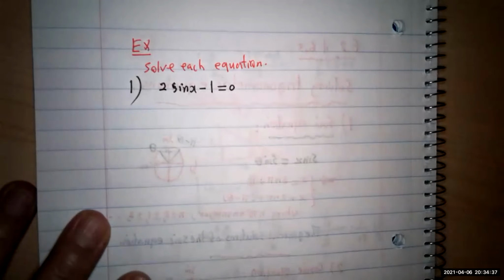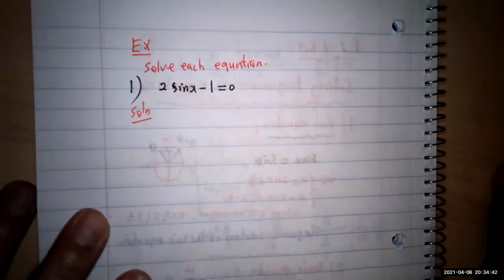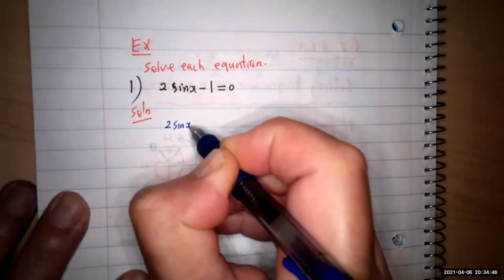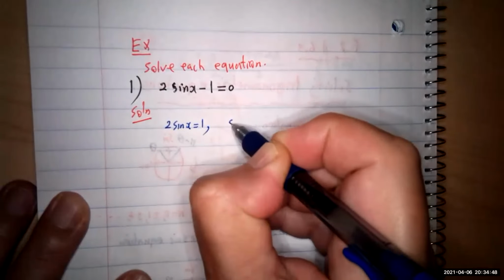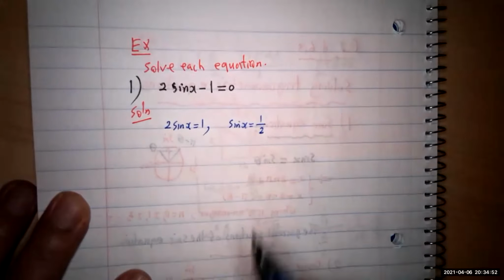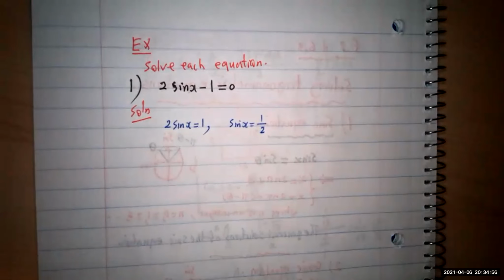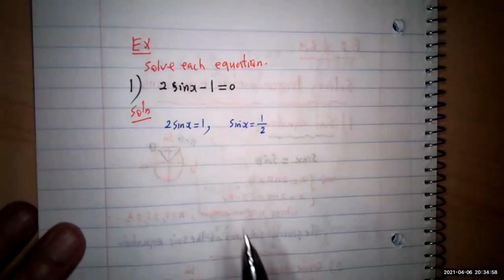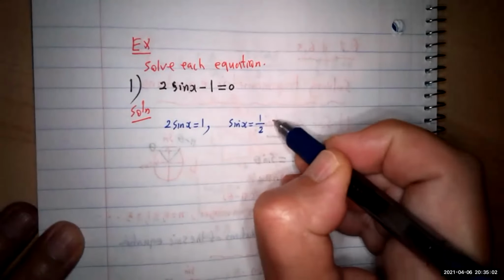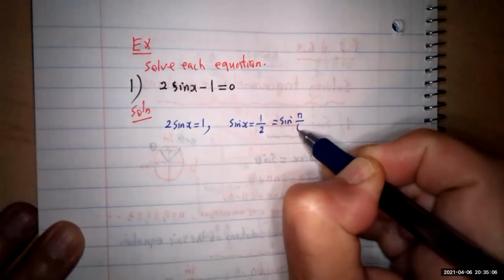So carefully, you isolate the sine. 2 sine x equal to 1. So the sine x would be equal to 1/2. Okay. Now you go to the table and you find out the sine of angle is going to be 1/2. What is that? It's going to be pi over 6.